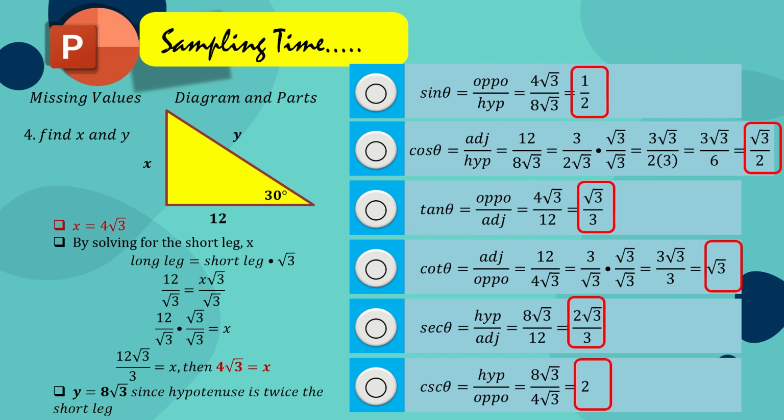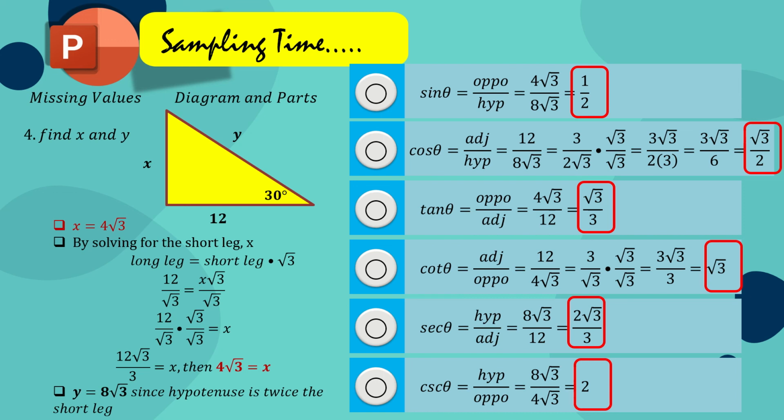So you see, the answers for sine, cosine, tangent, cotangent, secant, and cosecant differ in the 30, 60, 90 degree right triangle. Okay? So you saw the difference in the values of the 6 trigonometric functions given a special right triangle, the 45, 45, 90 degree or the special right triangle 30, 60, 90 degree.